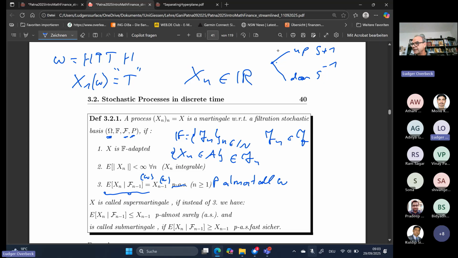This is only a martingale if p equals 1/2. So this means if up and down is the same, we already know in our binomial tree, our p star will be 1/2, if there's no discounting.